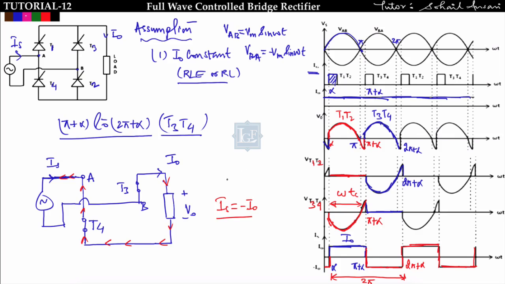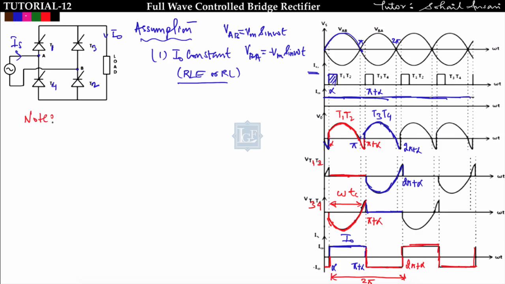Got it? Now let us find some important parameters. Take a note. First find the average output voltage, V naught average. The waveform is like this. For the average output voltage, the time period of the output voltage gives 1 upon pi, integrated over the conduction from alpha to pi plus alpha, of Vm sin omega t d omega t.